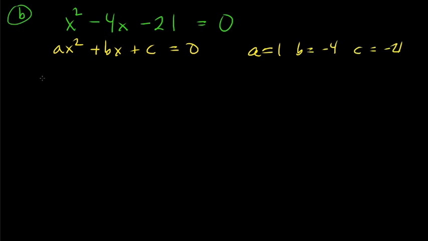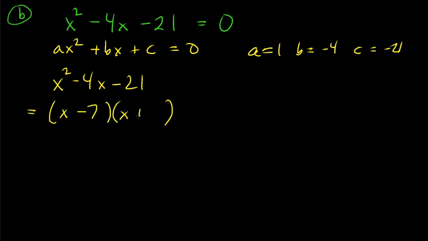Okay, so the only way we know how to solve equations like this, right, is to factor the left side. So yeah, we're not done with factoring, right? We still have to factor. But we've done this so many times. Negative 21 is just going to be negative 7 times 3. And negative 7 plus 3 is negative 4.